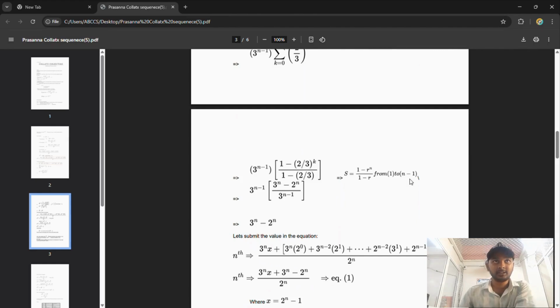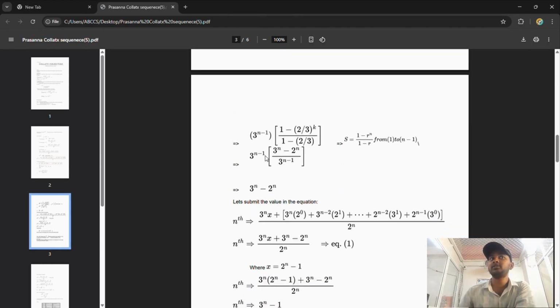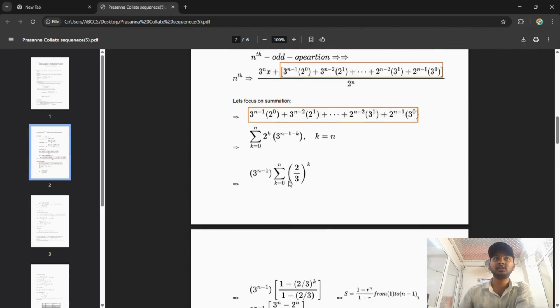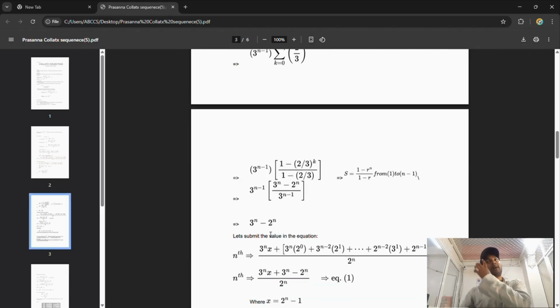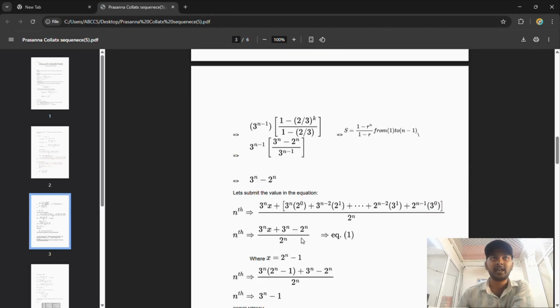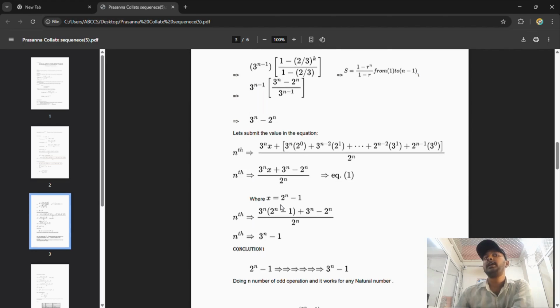I applied this formula, and the whole summation is equal to 3 to the power of n minus 2 to the power of n. I replaced the entire sequence with this, and the number we get after doing n odd operations on x is 3 to the power of n minus 1, that is, 3 to the power of n, and whole minus 1.